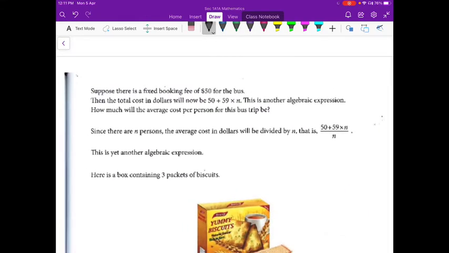Now, class, do you think that represents a realistic example? Is it realistic that we pay $49 per person from here to America and come back home? Realistic? Okay, now think about it. Listen to the situation now.